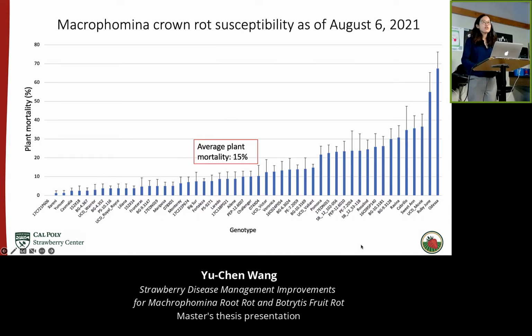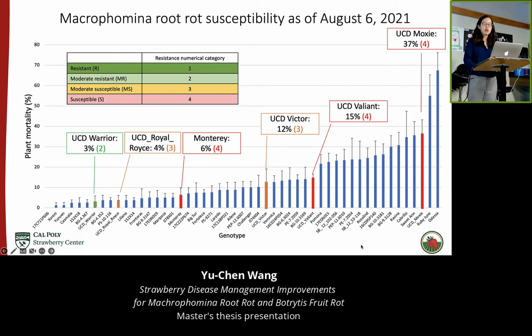Over those 51 genotypes, we see a wide range of mortality from 0% to 67%, with an average of 15%. I pointed out those cultivars from UC and their resistance category. Green is resistant, red is susceptible. They mostly match our resistance ranking. Just in our study, Monterey is showing more resistance than UC Davis Victor.